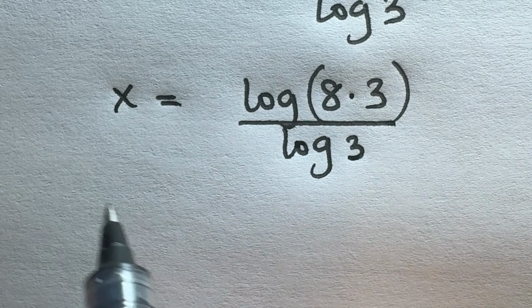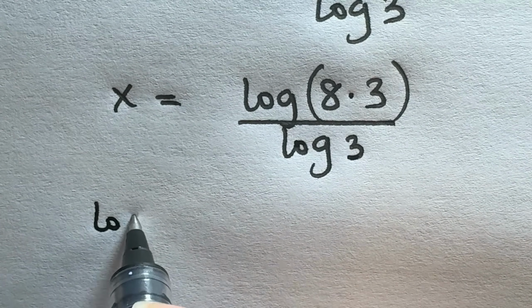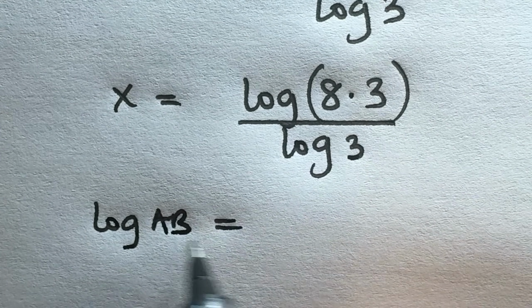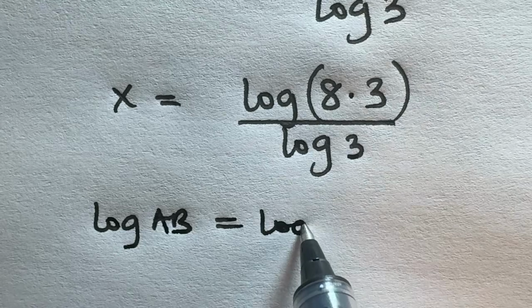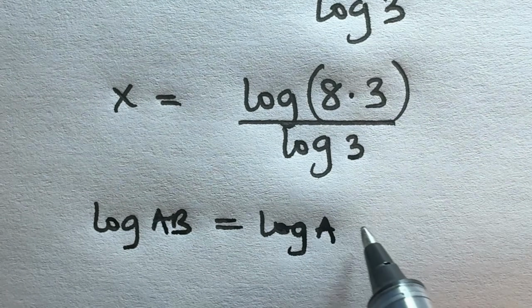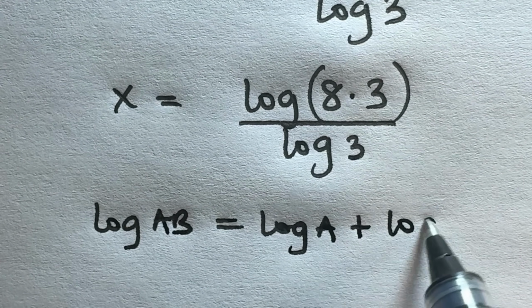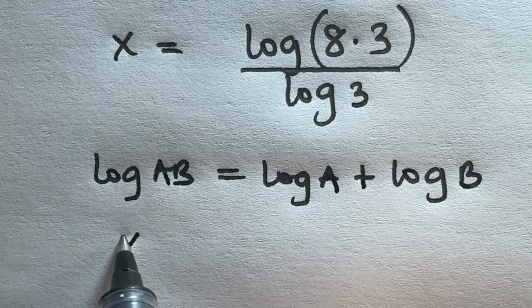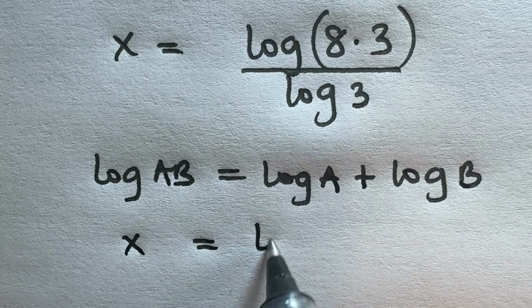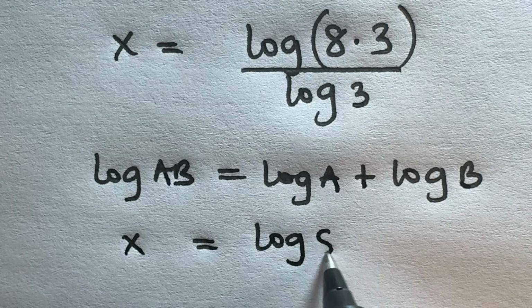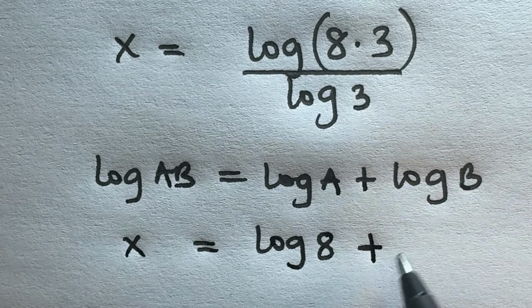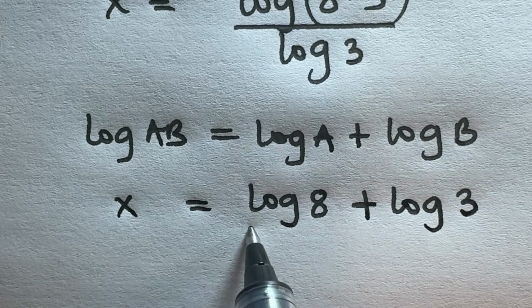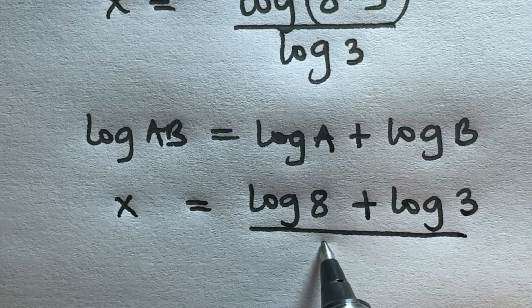This product, by law of logarithm, given a times b for instance, will give us log a plus log b. So x becomes log 8 plus log 3, then both of them divided by log 3.